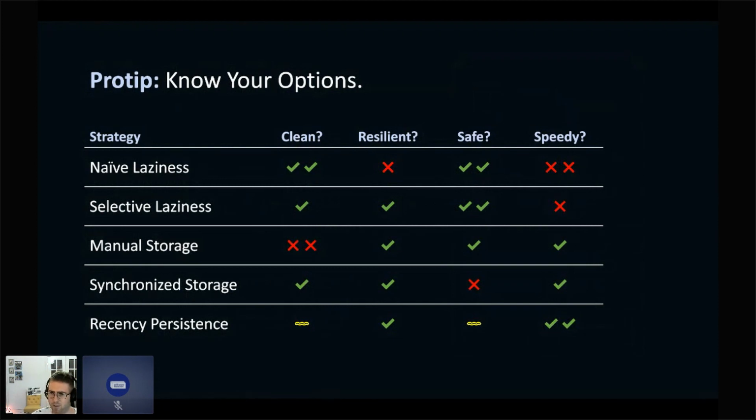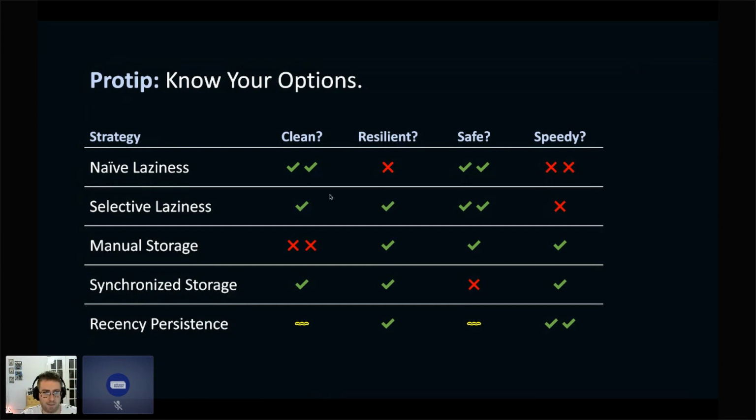Safety tends to, on average, decrease as you get more fancy, and it never gets good again after you start synchronizing your storage because you might mess up, you might display something you didn't mean to. Cleanliness also tends to decrease. Resiliency and speed, on the other hand, go up over time, which is nice. As you put more effort into your app, one would hope that you get some nice speed gains. It's kind of a pretty table. I like the colors.